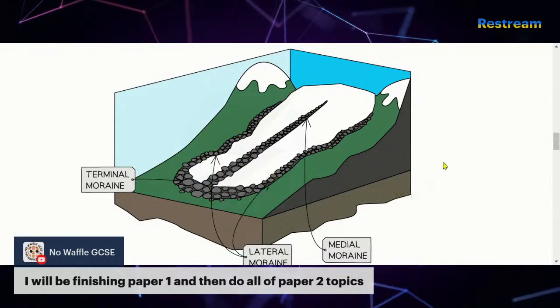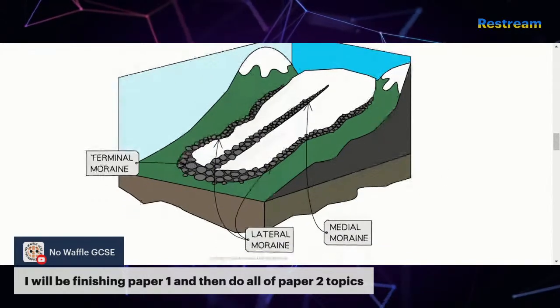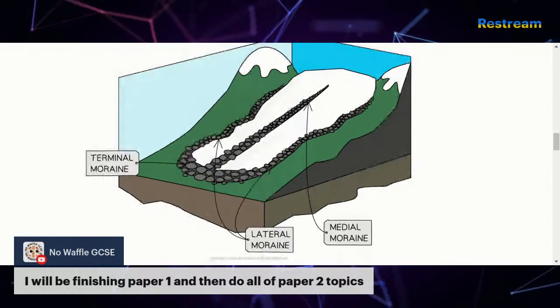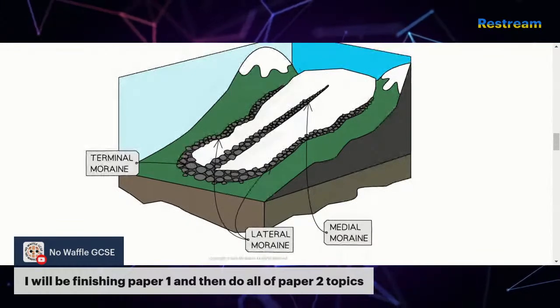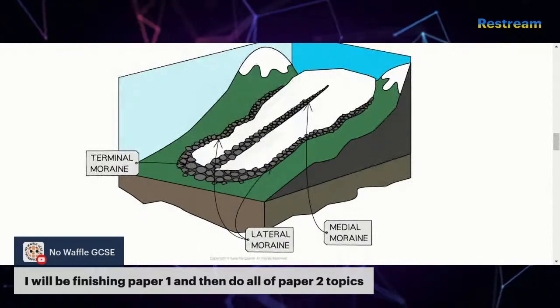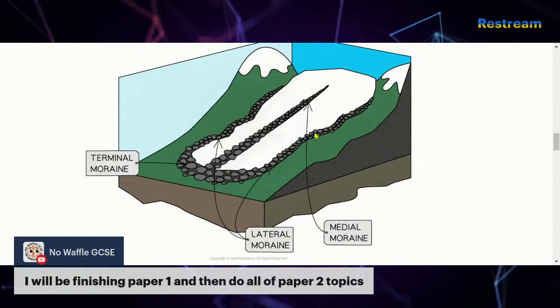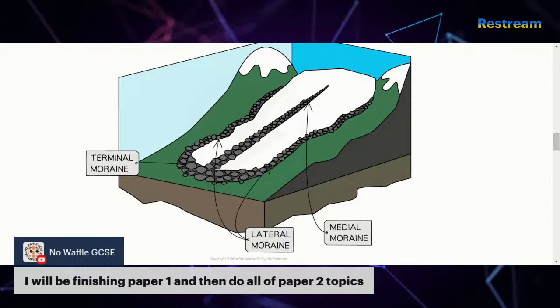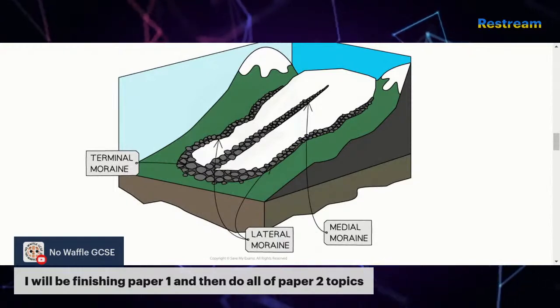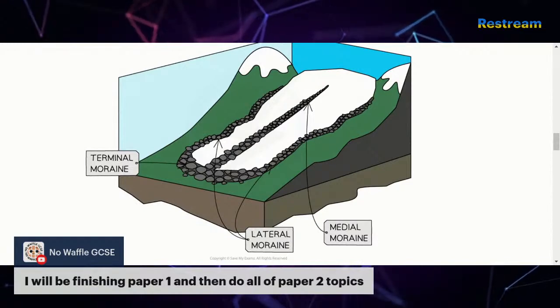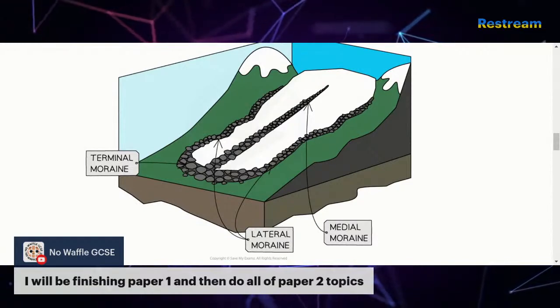Then we have the medial moraine. Now, the medial moraine is in the middle. This is a long ridge of material deposited along the center of the valley floor. Now, this actually formed when two glaciers met. The lateral moraines of the two colliding glaciers then join together to create a medial moraine.